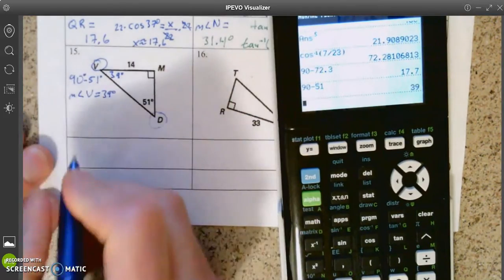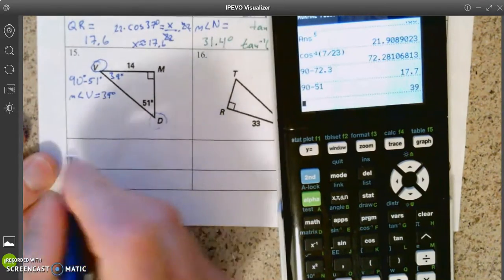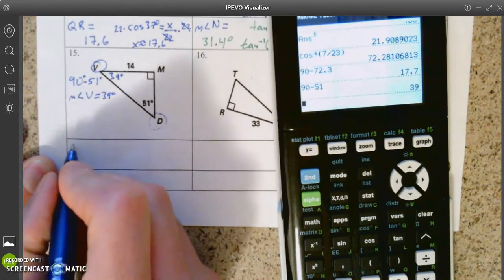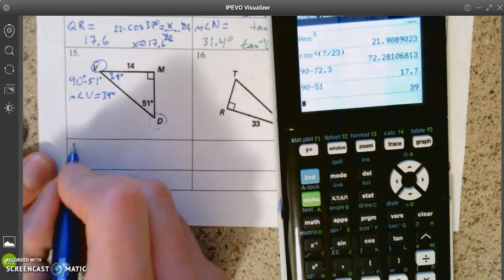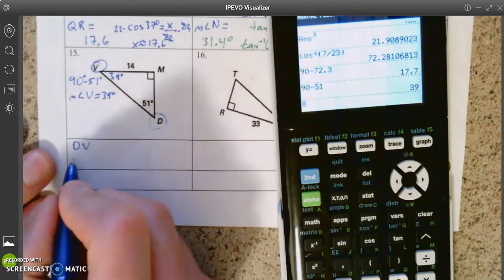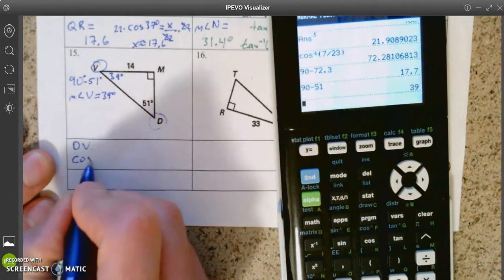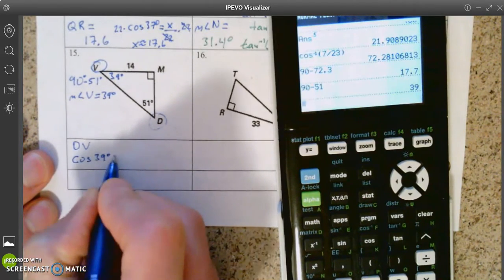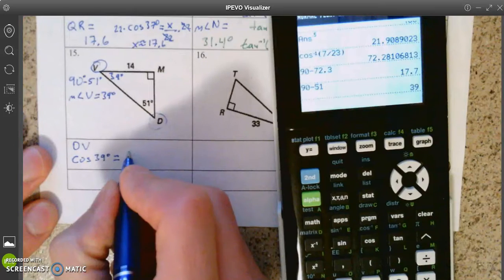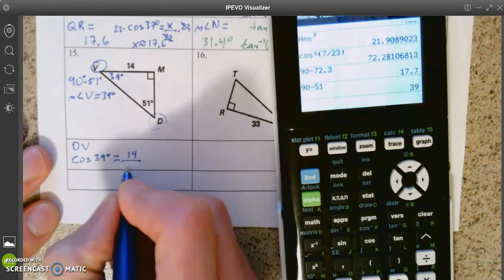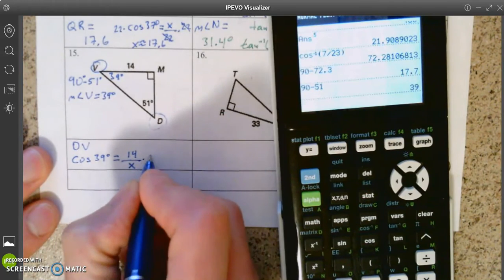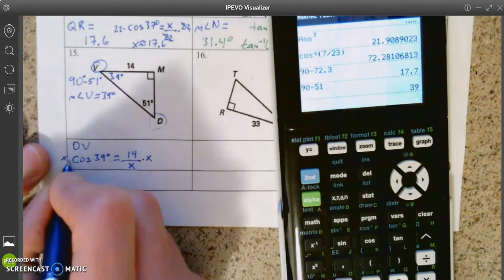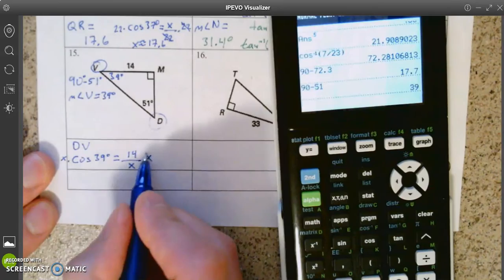So if I do adjacent over hypotenuse, that would be cosine. So let's find the length of DV. Cosine of 39 degrees is equal to adjacent over hypotenuse. We'll just call that x, multiplied by x on both sides, and then these two cancel.